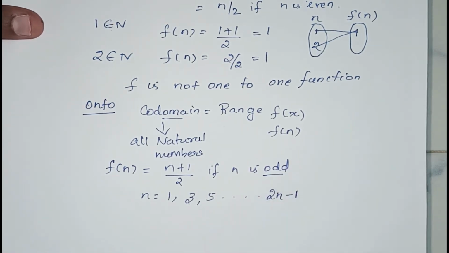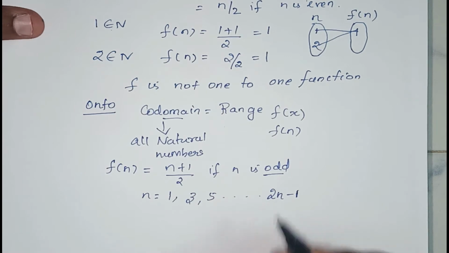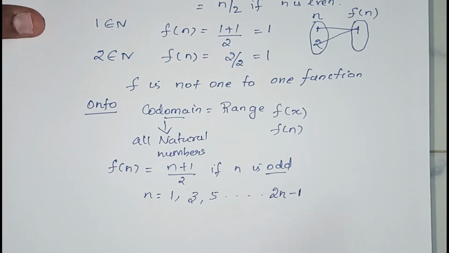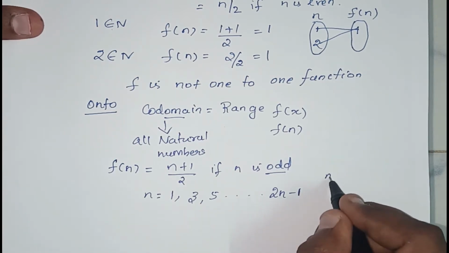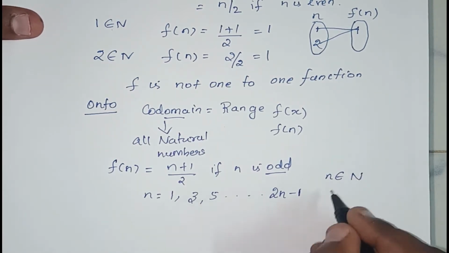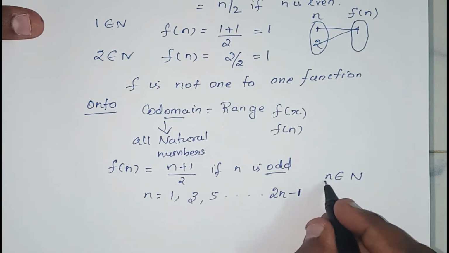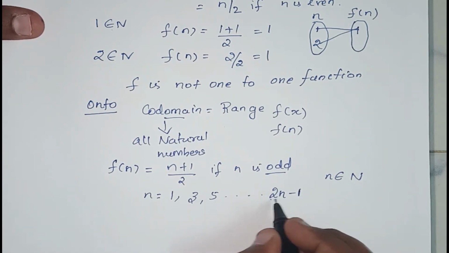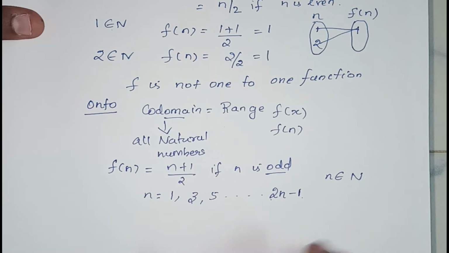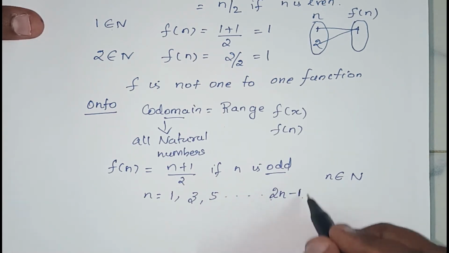This is the general form of odd numbers. If I take n = 1, it gives 2 − 1 = 1, so 1 is an odd number. Here n also belongs to natural numbers, so we start from 1. For n = 2, 2 into 2 is 4, 4 − 1 is 3, so this is an odd number. So I am generalizing the odd number as 2n − 1.